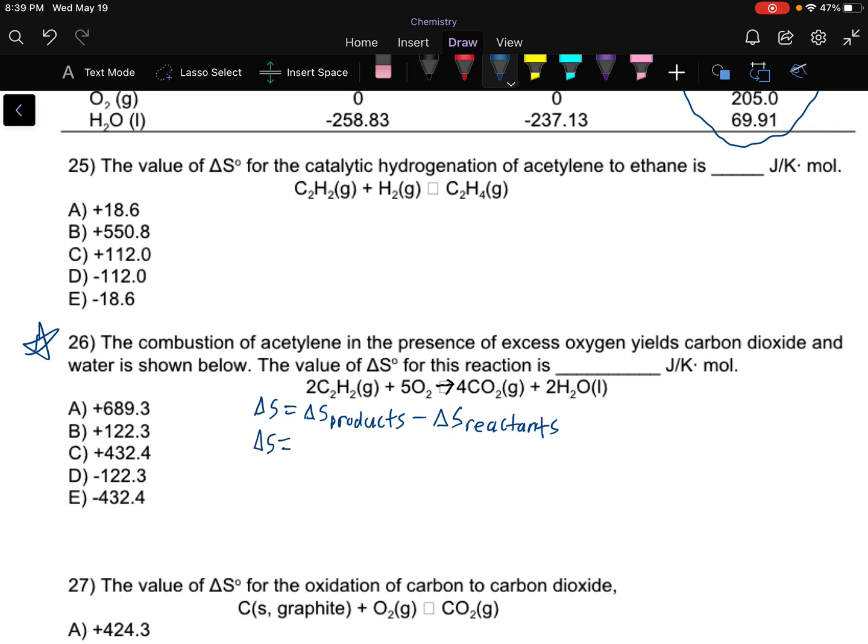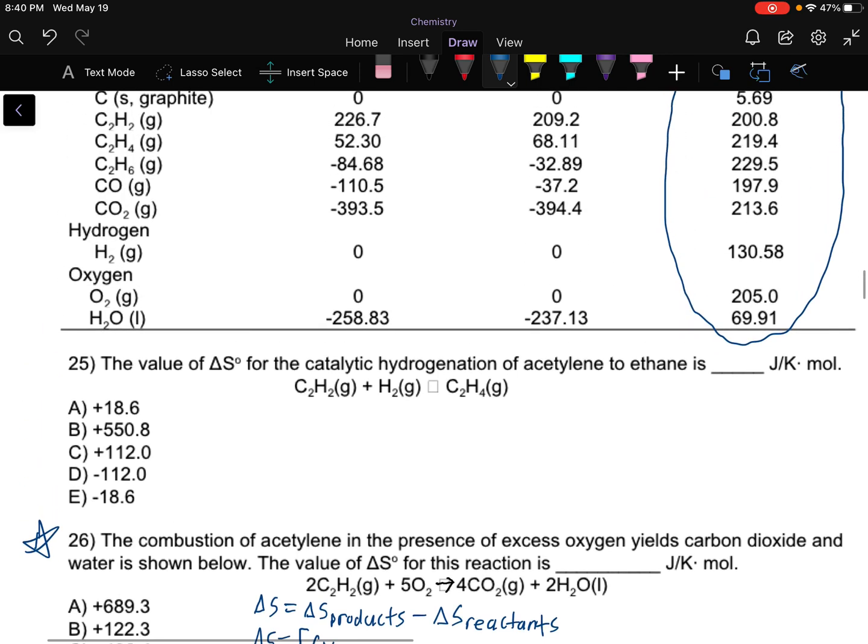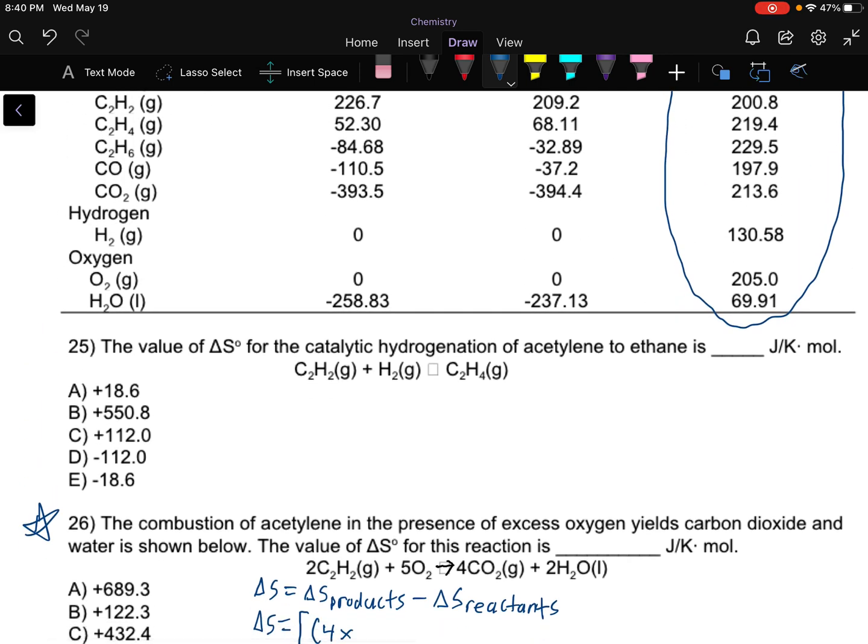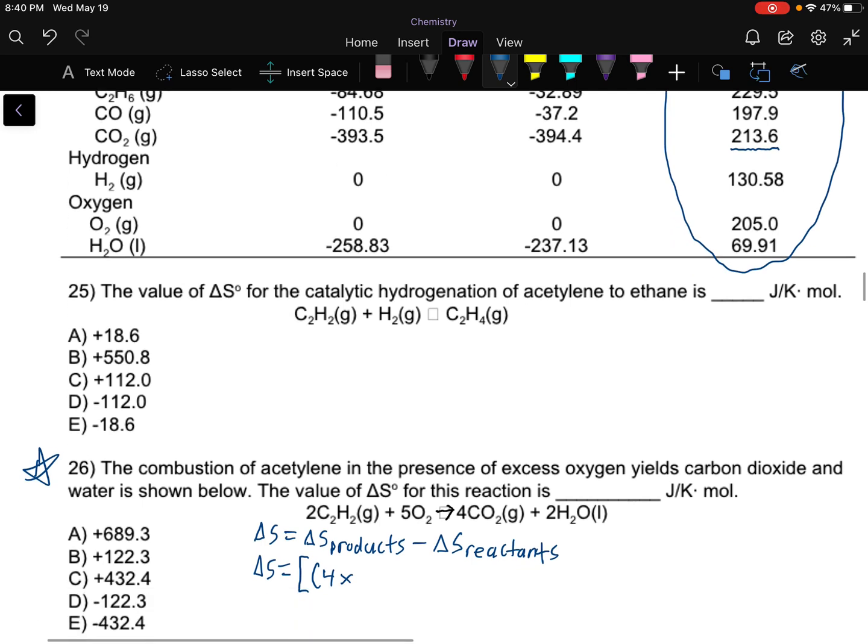So for the products, which is on the right side, we have 4 moles of CO2 gas. So we'll do 4 times CO2 gas, go up to the table, that's 213.6.